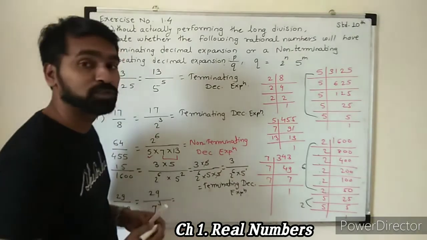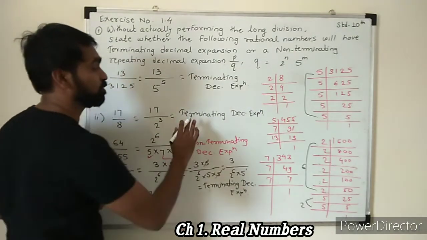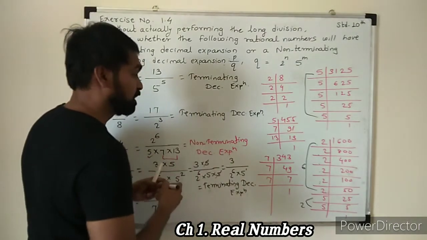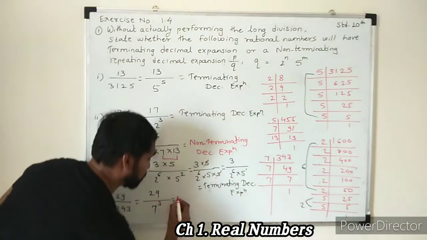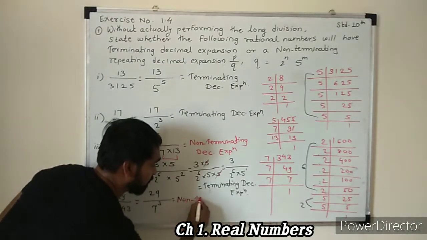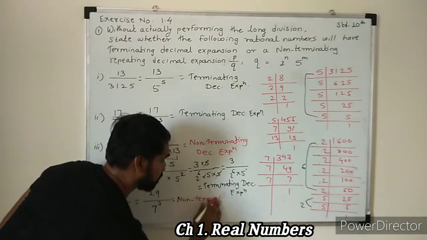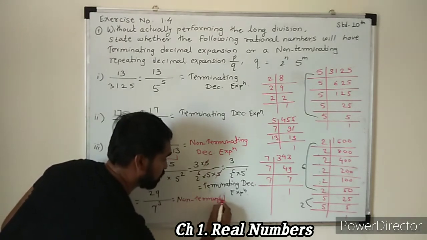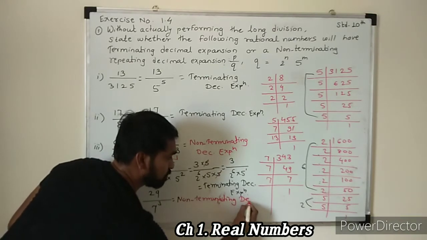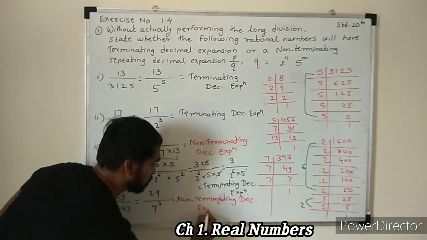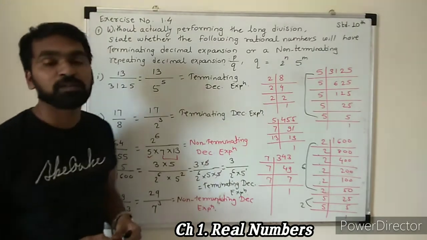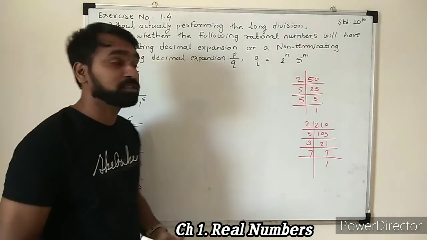That is 2, 7 raised to 3. So here directly you have to write what? Non-terminating decimal expansion. Okay.